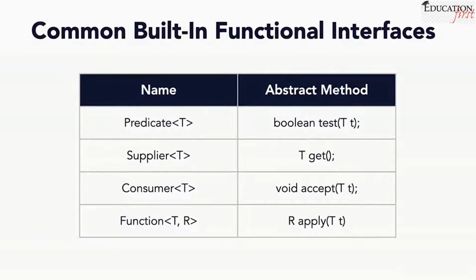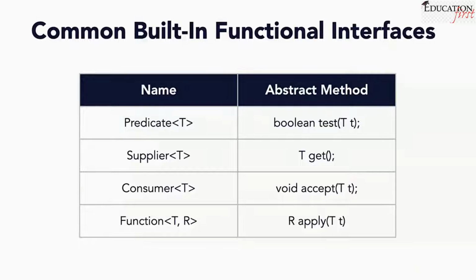So here you see a little table, and we have a predicate. And a predicate has one abstract method in it. It returns a boolean, its name is test, and it takes a generic T. Then we have the supplier, which is returning a certain T, and the name is get, which makes sense, right? Because you can use the supplier to get something. Then we have the consumer, which does pretty much the opposite. It doesn't give anything back.